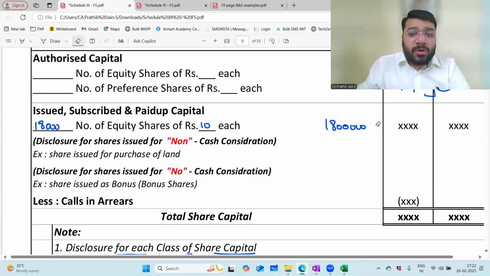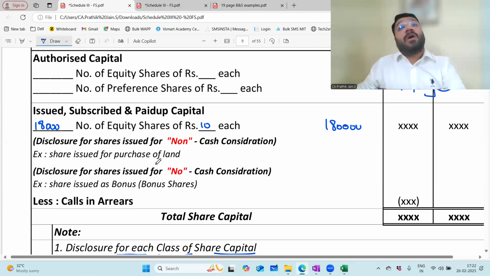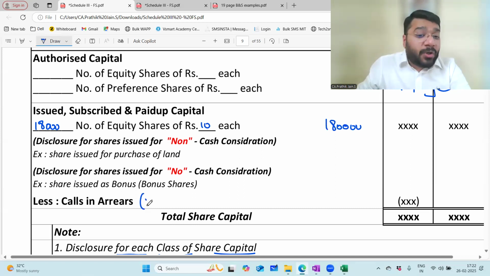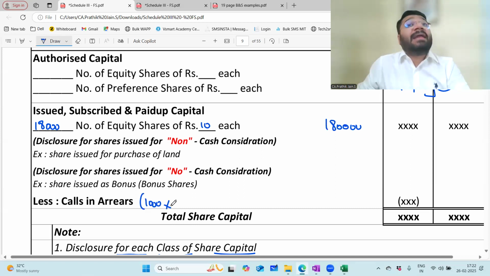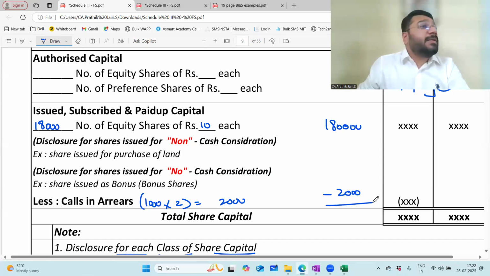In that, one shareholder holding 1,000 shares did not pay the final call of 2 rupees. So how much money is not paid? 2,000 rupees. So minus 2,000 rupees, how much does it become? 1,78,000 rupees.